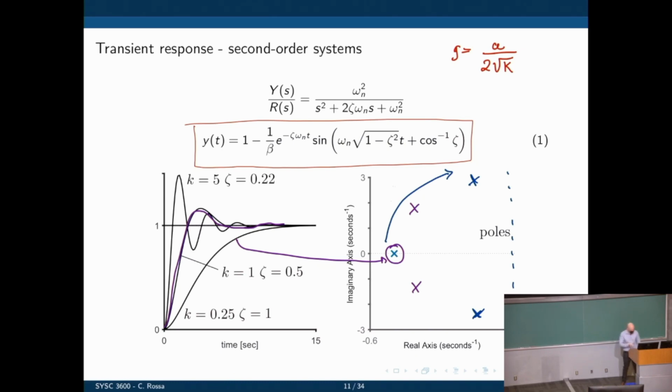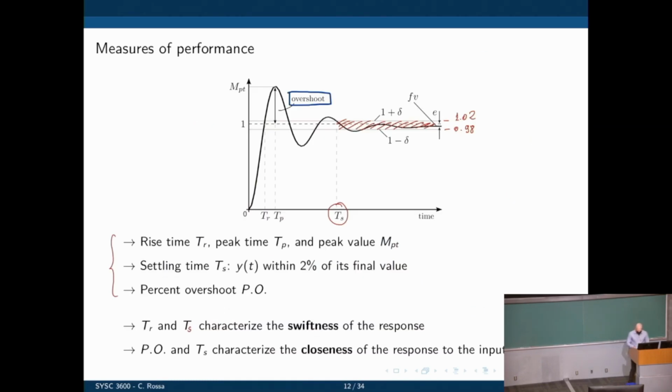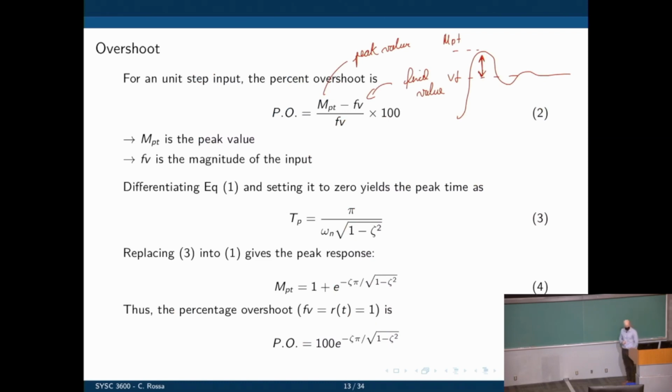Why is that? Because the derivative is basically the slope of the function. If you want to know where the peak value will occur, over here, the slope at that point, which is the derivative of the function, is 0. So we're going to take the derivative of equation 1 and equate that to 0, again to find the peak of the time response. When we equate that to 0, what we can solve for is the peak time. The only variable left there is time.